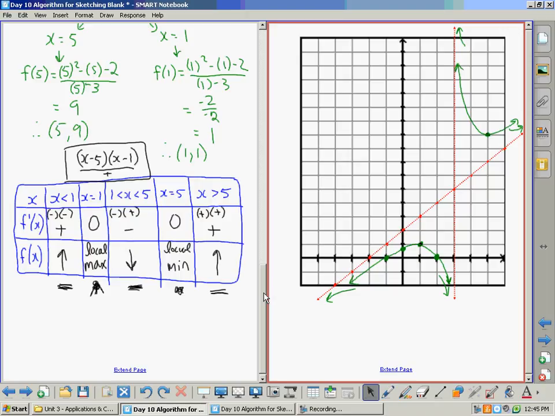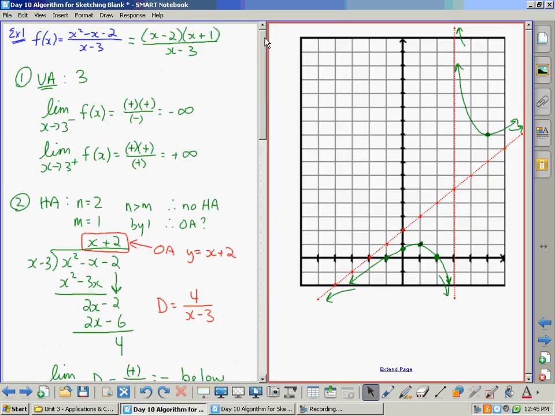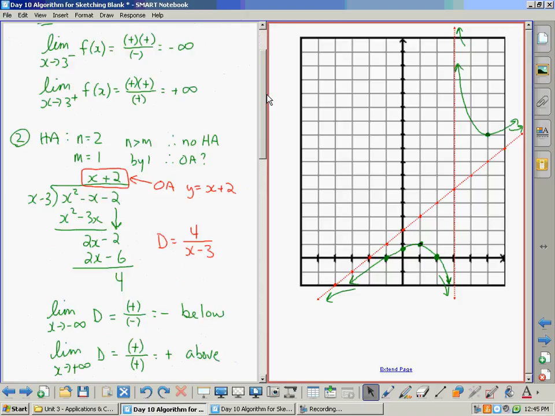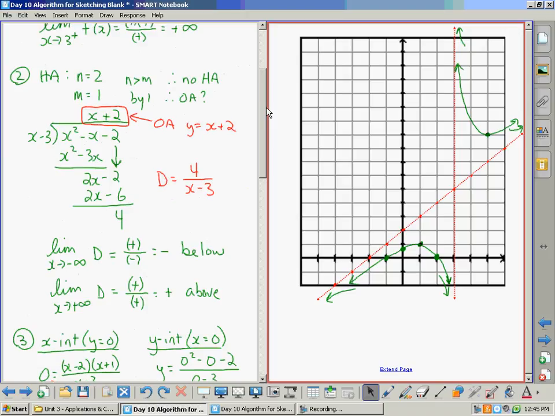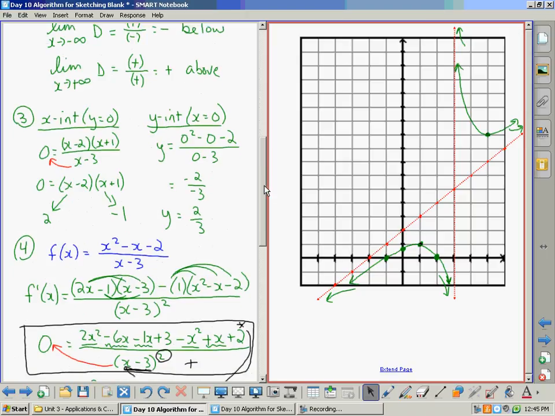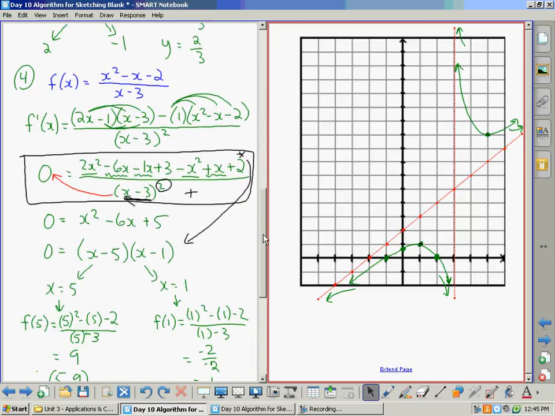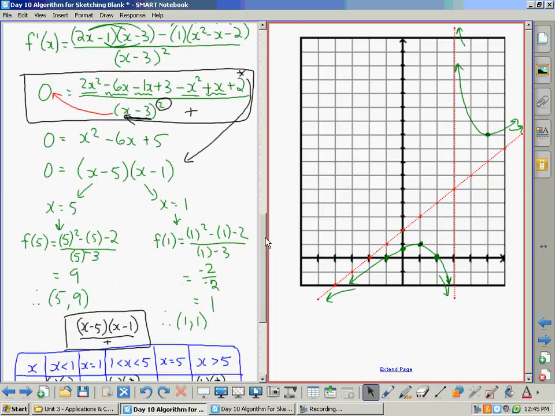And so all of this work here are all of the steps necessary now to do our sketch. We find our vertical asymptotes, do limit tests, horizontal or oblique asymptotes, in which we might have to divide to get the directrix to do our limit tests, x and y intercepts as per usual, and then our new step, the first derivative test, where we differentiate, set it equal to 0 to find critical points.